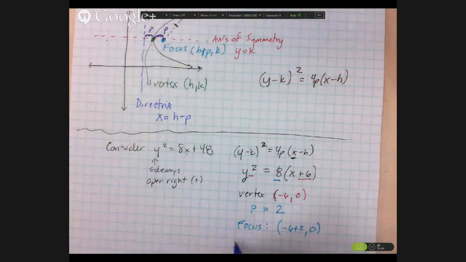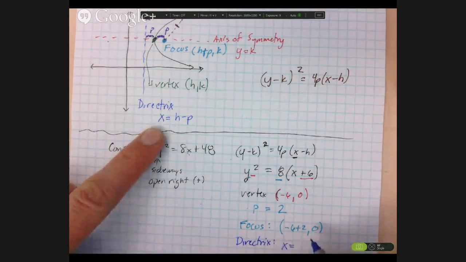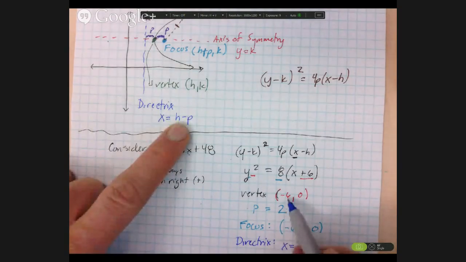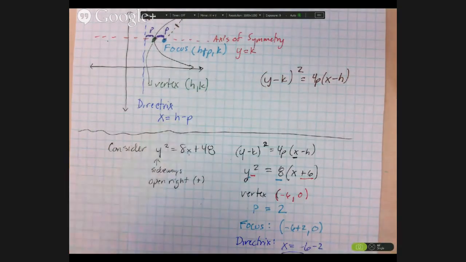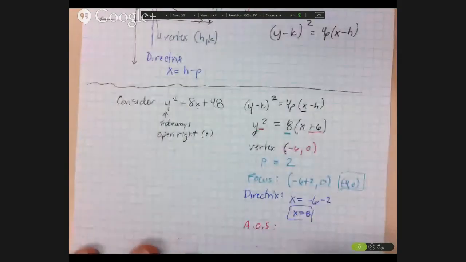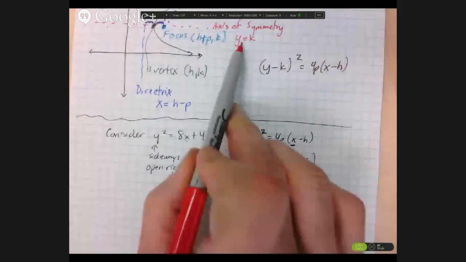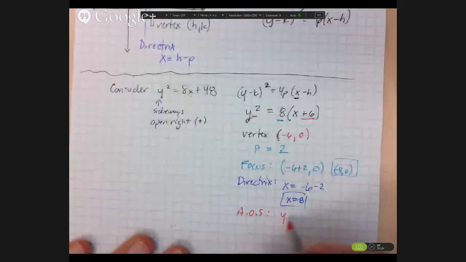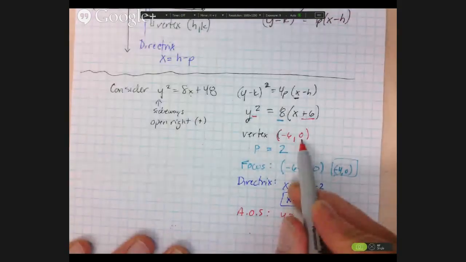Our directrix is x equals h minus p, -6 minus 2. And then we have an axis of symmetry. The axis of symmetry is y equals k. So y equals 0.